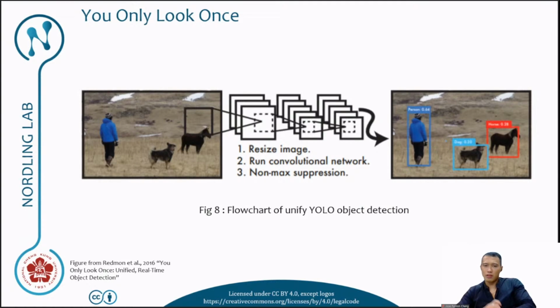Then it will give you many different bounding boxes, and you do non-max suppression. So you compare the IOU of these boxes to determine the real prediction. And then it will tell you, okay, here is your person with 0.64 probability. Here's a dog, here's a horse. And that's what YOLO does. So that's why it's called You Only Look Once.